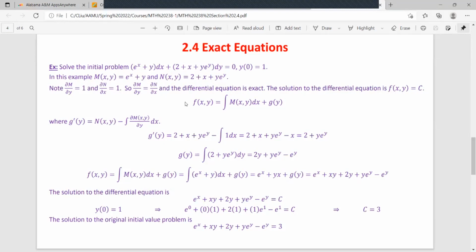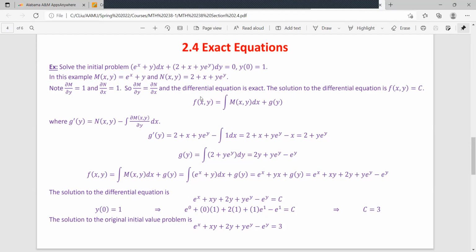Okay. Then we can use the formula from before to find the solution of this equation. And we need to find this function f, which is the integral of M plus g of y. Okay, and the g of y can be determined from this equation, g prime of y equals N minus the integral of partial M partial y dx.